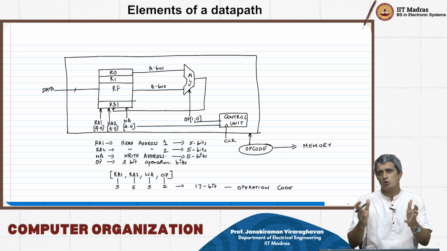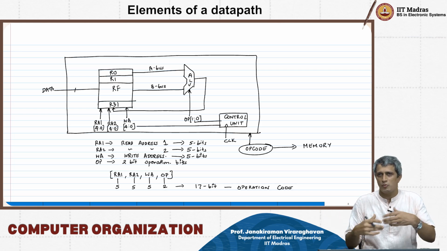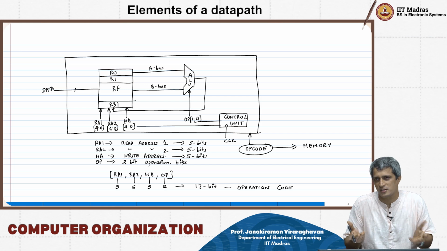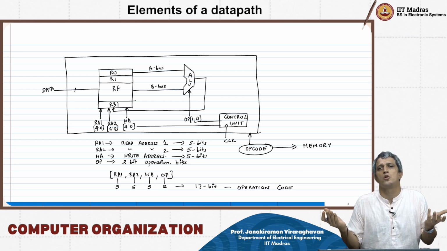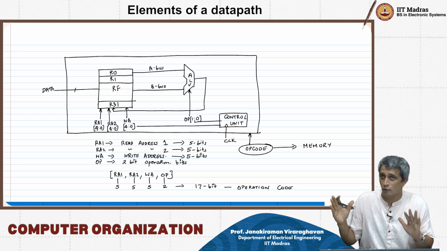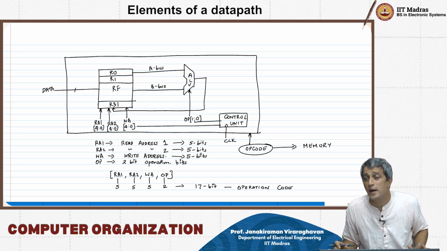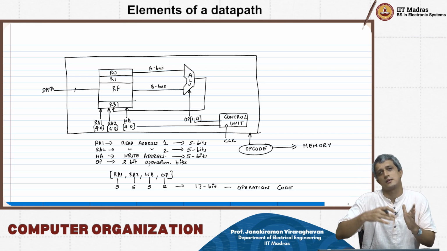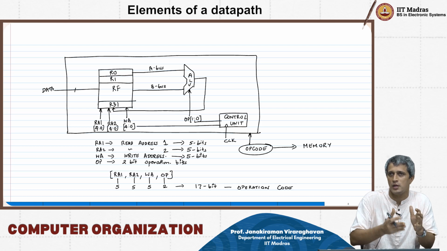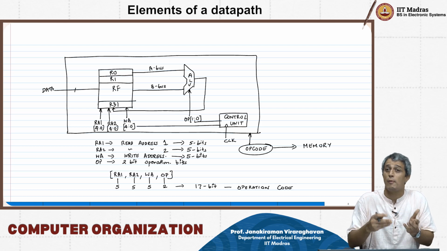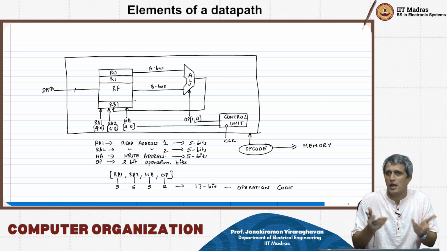As long as you don't have to go back to the memory and you are able to contain all your operations with the registers that you have, well and good, there is nothing to worry. However, in some cases you may have to write the data that you get from the ALU operations back to the memory because you don't have enough registers.